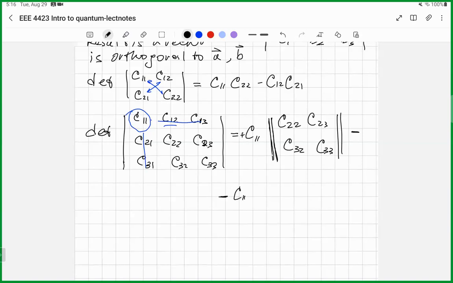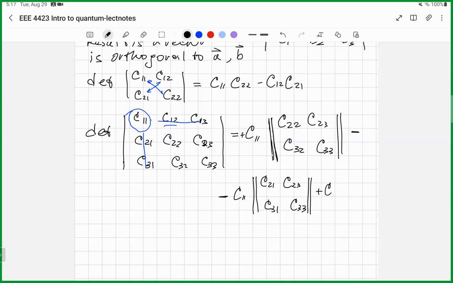Then this element C11, and another minor, which is C21, C23, C31, and C33. And finally, for the last element in the row, which is C13. 1 plus 3 is even, it's 4.